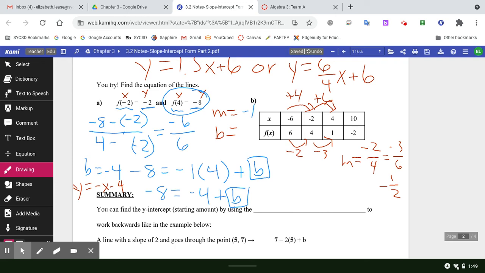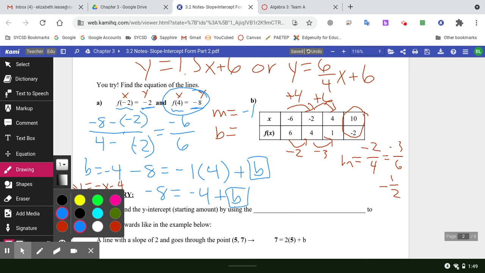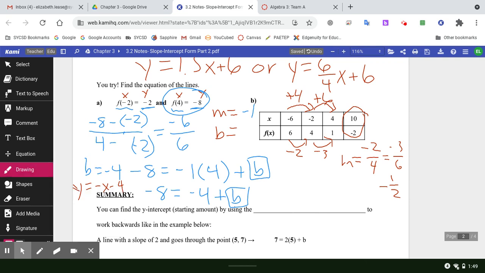So from here, I'm going to use this point to determine my starting point. So X is 10. So I take -1/2 times 10, since that's my slope, add it to my starting amount, and this should total up to an output of -2.